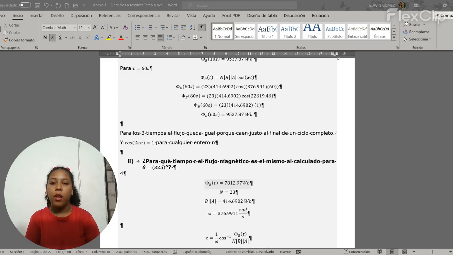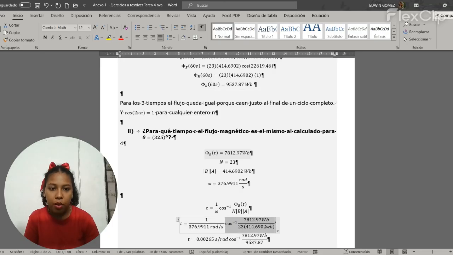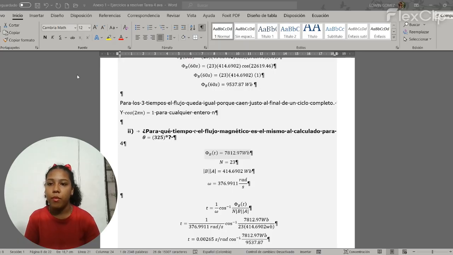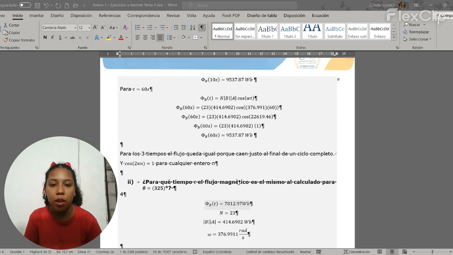To solve the cosine expression, we apply the inverse function, the arc cosine, and divide by the angular frequency. This gives the exact instant where the flux reaches the same value during the oscillation.